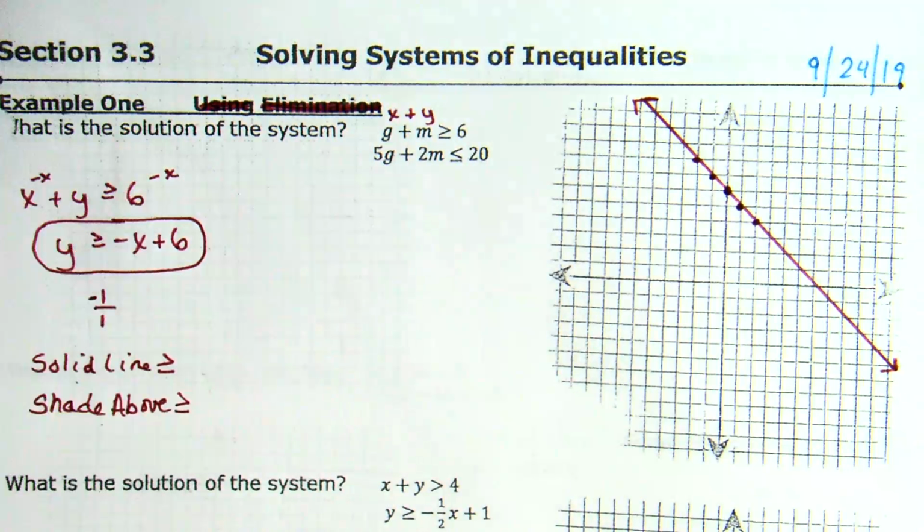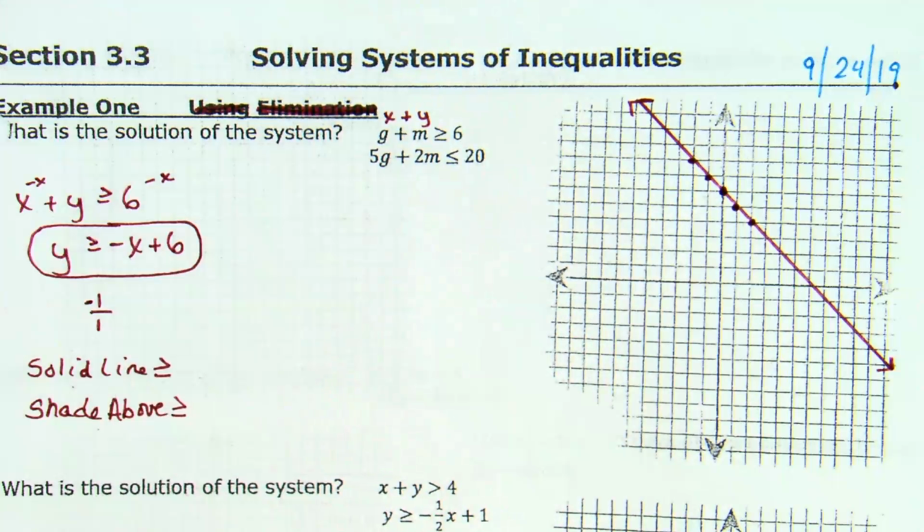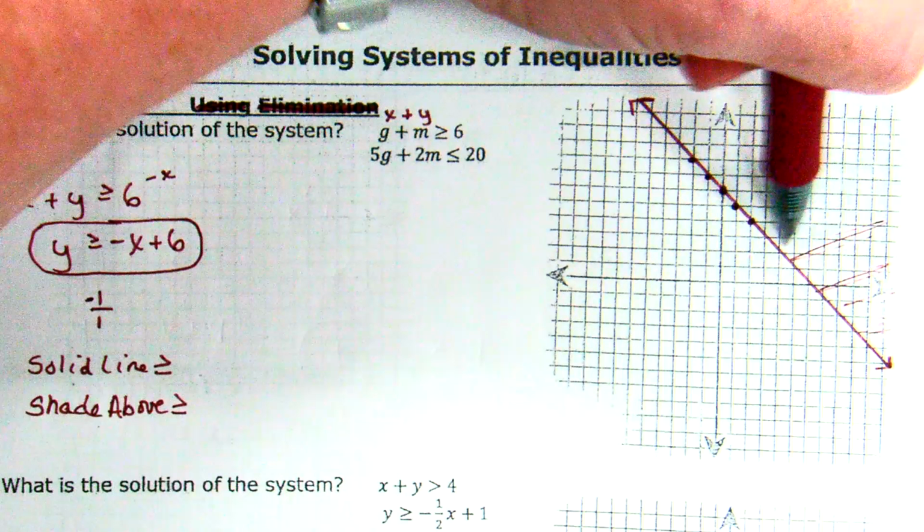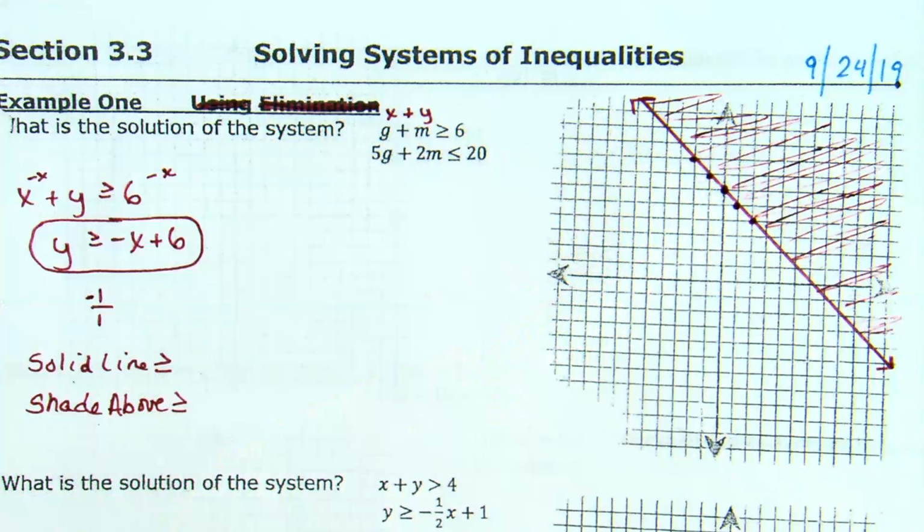Is this all we're doing on this problem? No, we still have a second graph to put on here. So don't make your shading crazy dark where you can't see anything through it. It's kind of a light initial shading because we're going to have more shading to follow, and we'll talk about where our solution is once we get there.